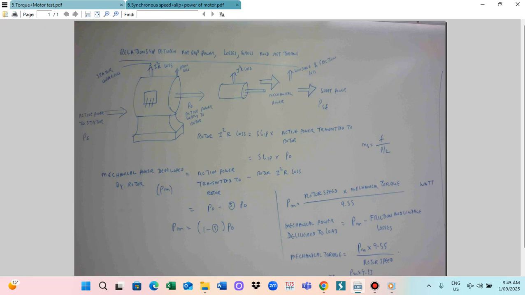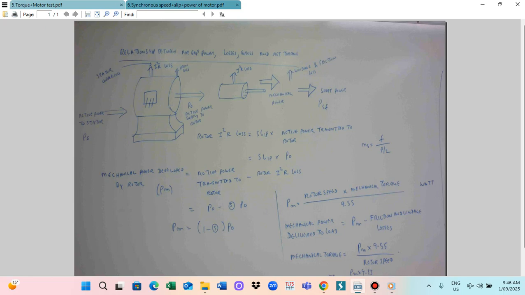Firstly, we have the active power supplied to the stator. The stator copper loss is the I square R loss, and there is also the iron loss. Then the resultant power is the active power supplied to the rotor. In the rotor winding, I square R loss also happens. Then finally we get the mechanical power.